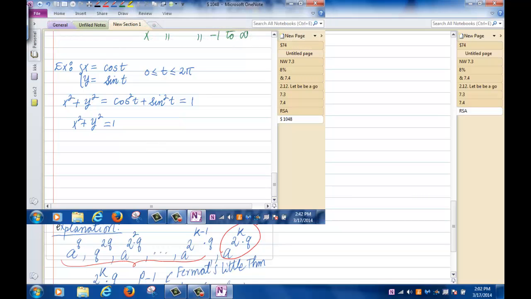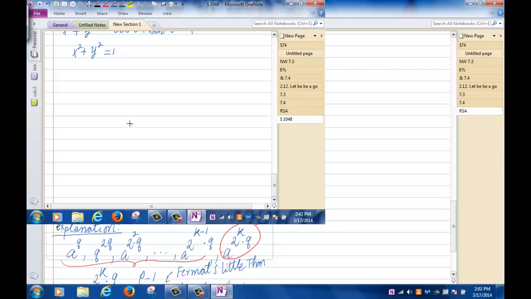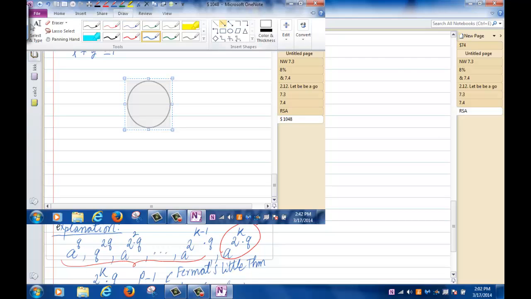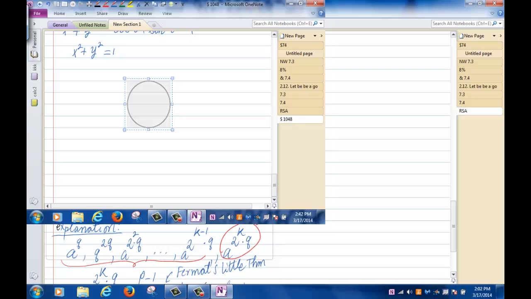So I guess what we get then is a circle, and the center is, let's say, right about here. So this is the circle of radius.